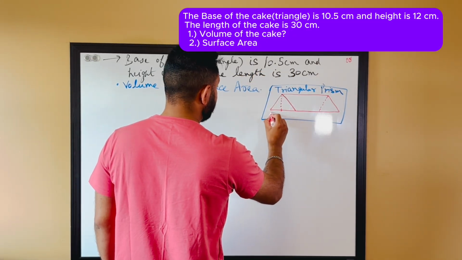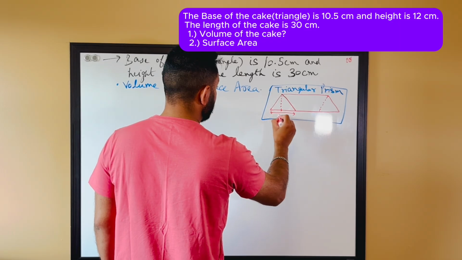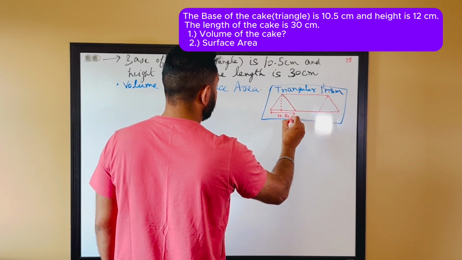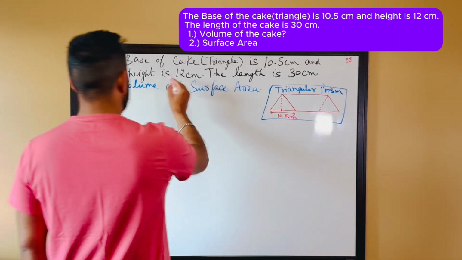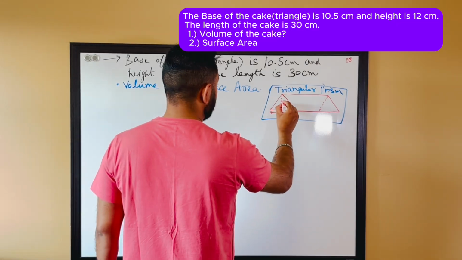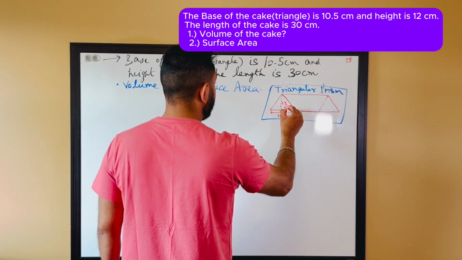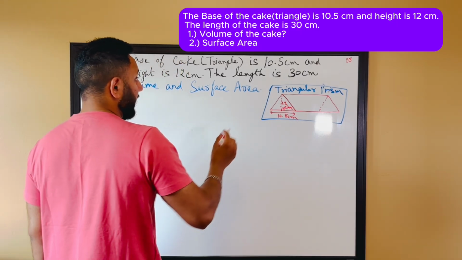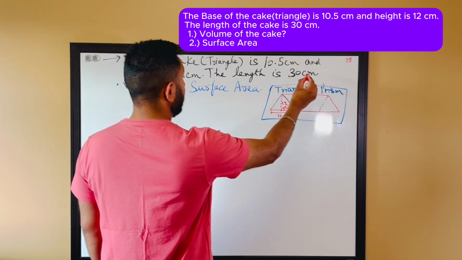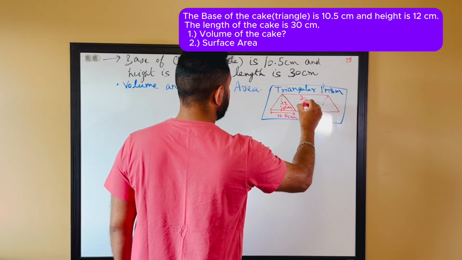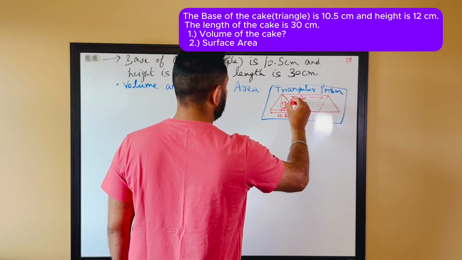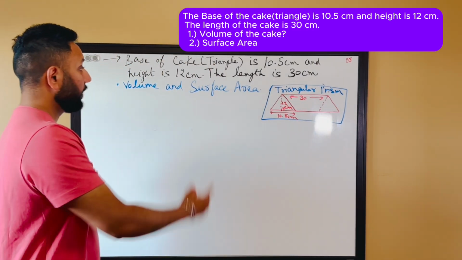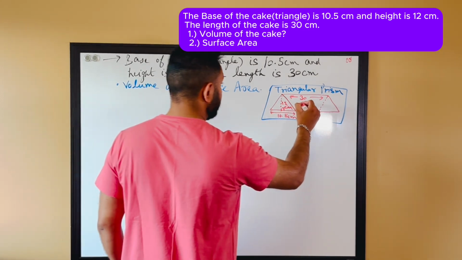So this is the base, which is 10.5 centimeter, and the height is 12 centimeters. So this is the height, which is 12 centimeter. And also we are given the length of the cake is 30 centimeter.